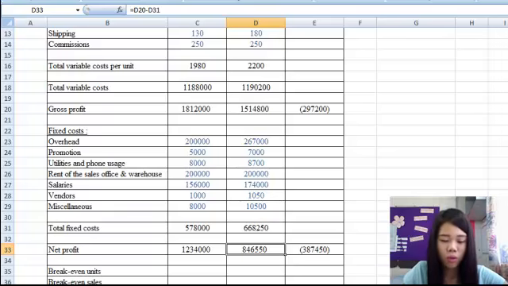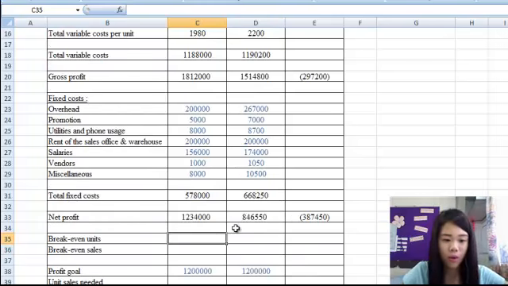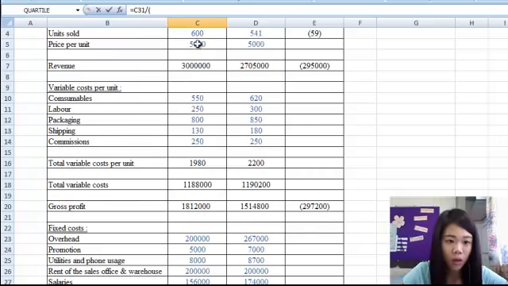United also wants to know the break-even point in sales for budgeted and actual sales. So now we calculate the break-even unit. Break-even unit is total fixed cost divided by price per unit minus total variable cost.